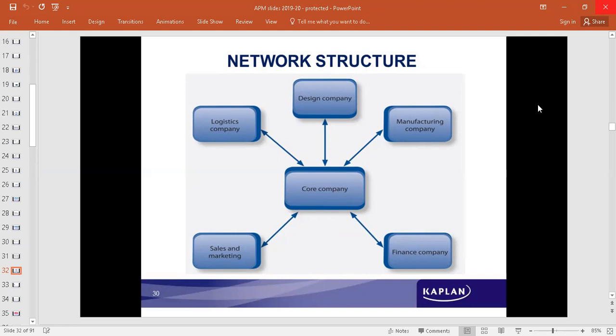Apart from that, we see logistics companies involved in material movement, moving the material inwards and outwards. Then we have design companies for designing the product and process, and manufacturing companies where they convert the raw material into finished goods. We see finance companies, and then sales and marketing companies. Finance companies provide finance, and sales and marketing will take the finished goods to the customers.